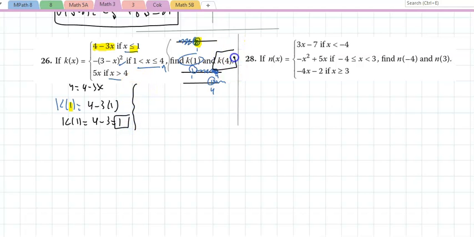And if you want to find k of 4, again, you need to know which of those three functions to use. Where is 4? You notice 4 is included right there. Since it's included right there, that's really the y you're going to use. So this has a lot of benefits because you could call different y's.